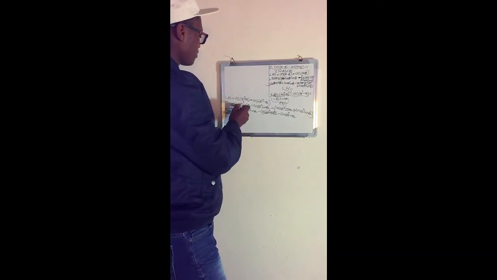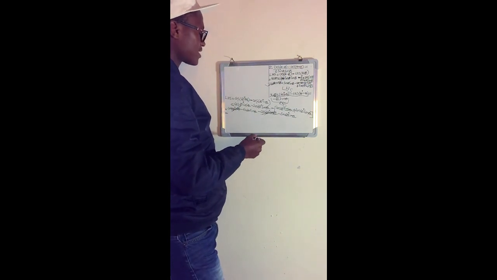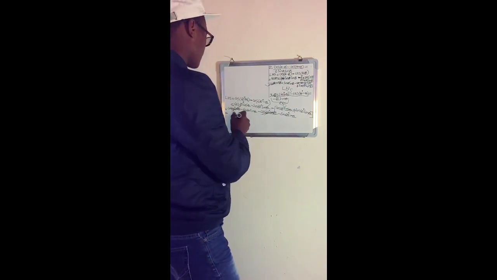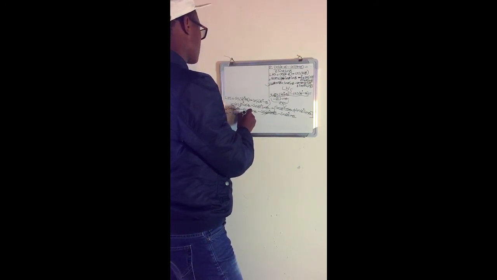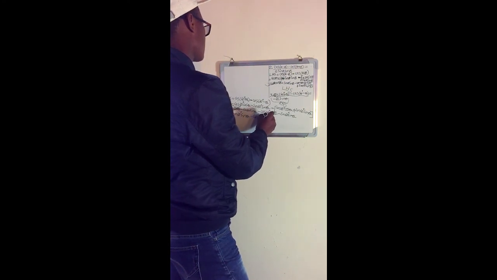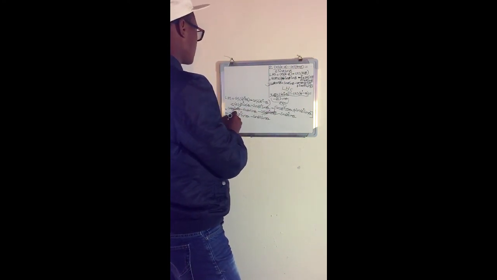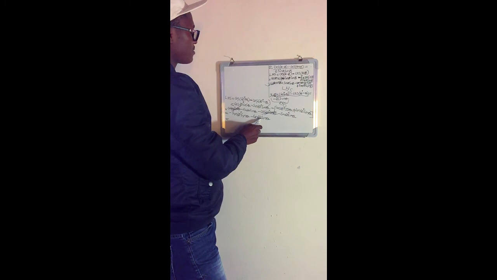So when these two cancel, we are left with minus sin 60 degrees sin theta, and then minus sin 60 degrees sin theta. It's the same as sin 60 multiplied by sin theta, sin 60 multiplied by sin theta.